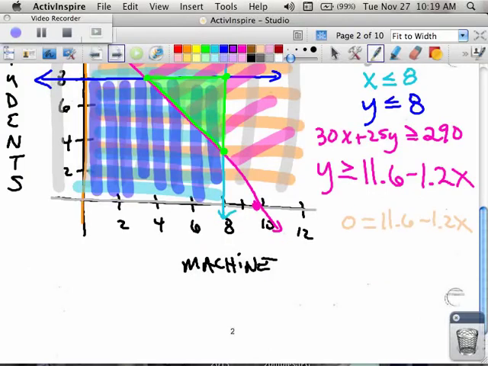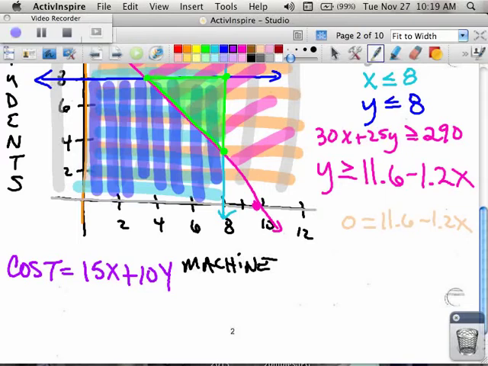If I go back to my diagram, what I'm going to write down is my cost equation: the cost equals $15 per hour for every machine and $10 an hour for every student. This is my cost equation.